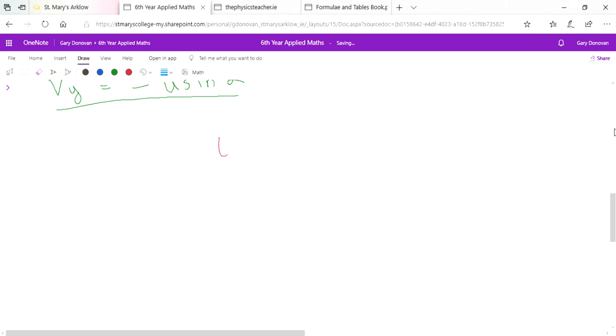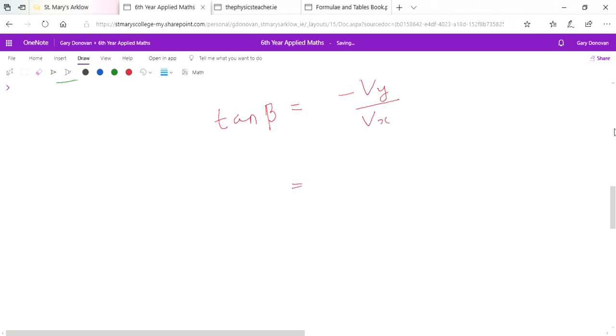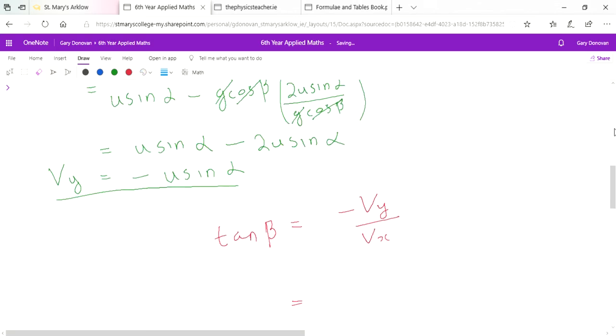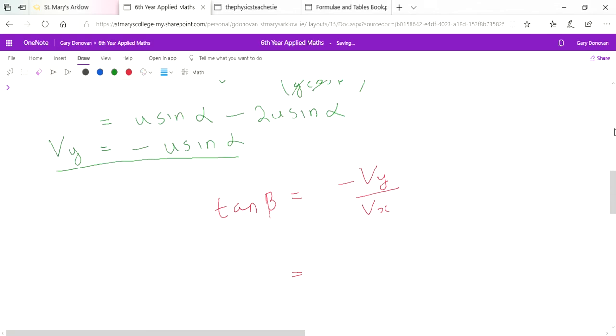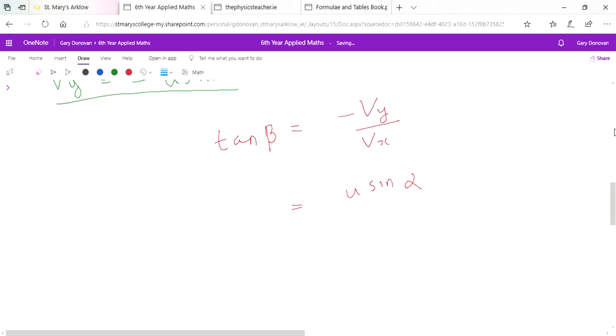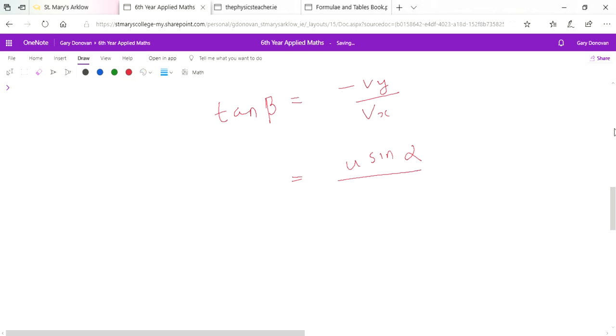So tan of beta equals minus Vy over Vx. So that's going to be minus our term for Vy, which is minus u sine alpha. Now minus a minus gives you a plus, all over our equation for Vx, which is u cos alpha minus 2u sine alpha tan beta.